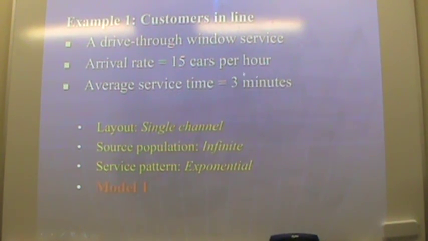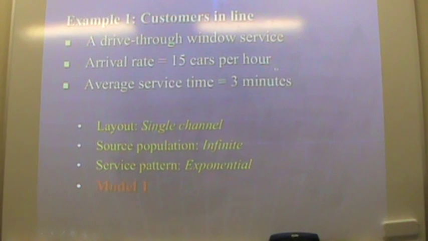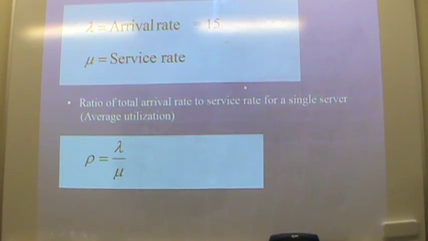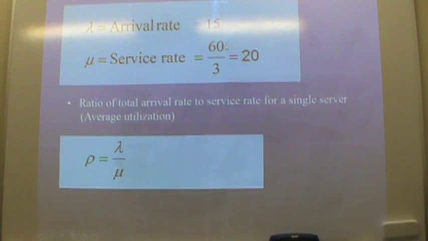In that case, because the time unit is hour, in an hour, how many customers can be served? 60 minutes is 1 hour, so 60 minutes divided by 3, on average 20 customers can be served. So 20 is the service rate.